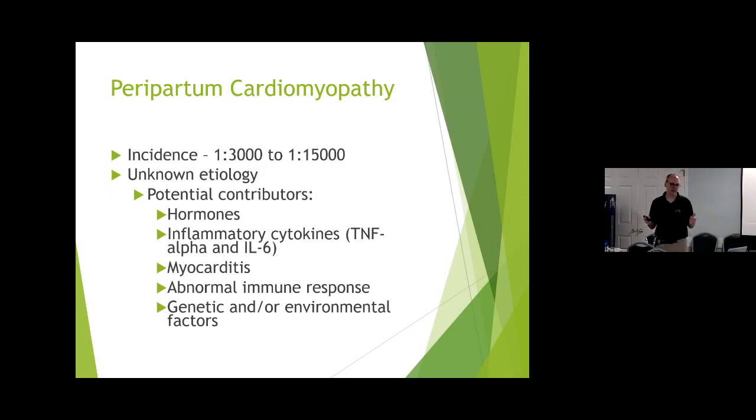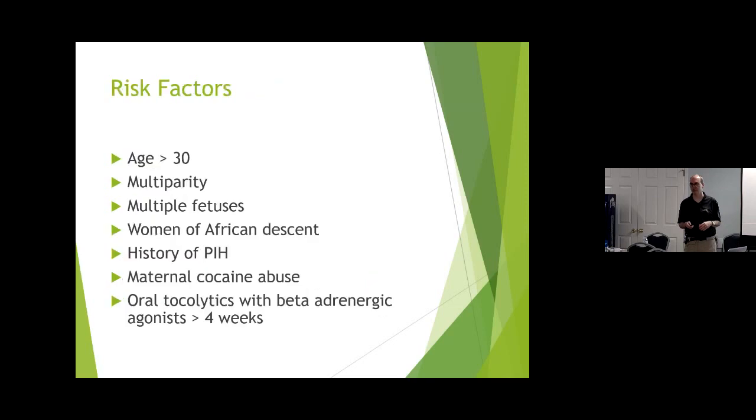Wide range of incidence. You know, what do we know? There's a hormonal component, there's an inflammatory component, maybe there's a myocarditis inflammation component, there's a genetic component. Still don't truly understand who gets this and who doesn't. There's risk factors: advanced maternal age, so older than 30, multiple pregnancies, multiple fetuses, African descent, and there's actually a correlation with being of Haitian descent as well.